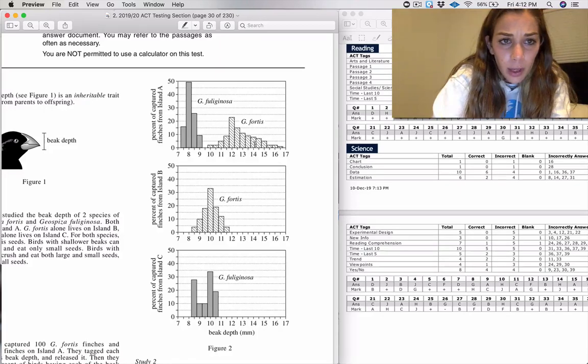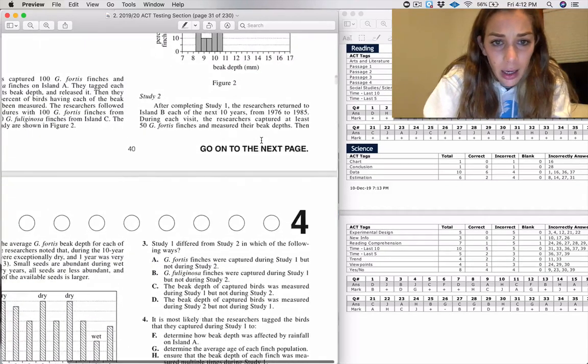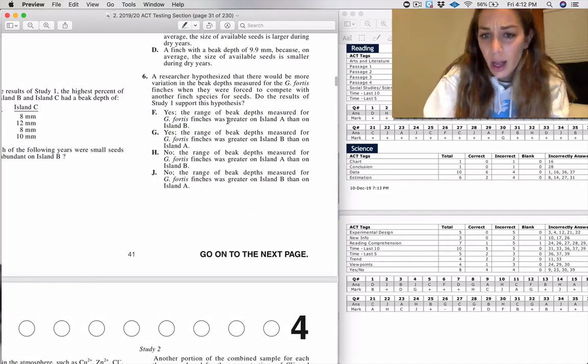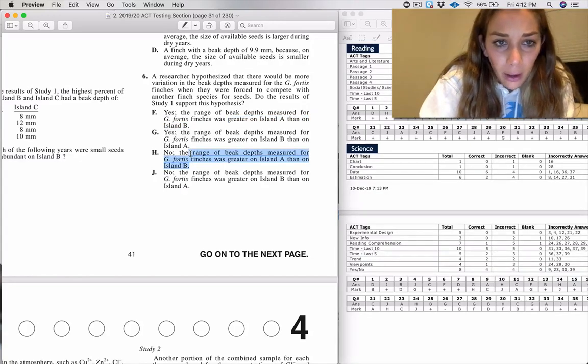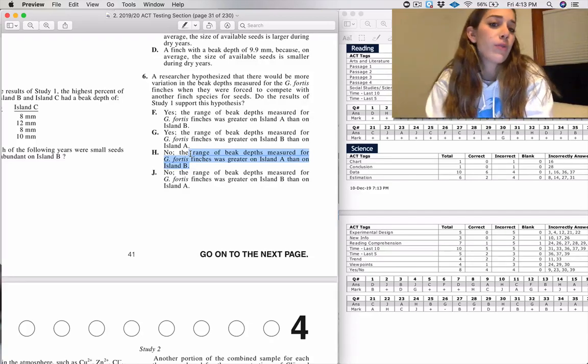Where do I see A and B? Here's beak depths. Here's island A and island B, and we're talking about G-fortis. So where is there a greater range? There's a greater range on island A. So I know automatically that F and H are possible options, and G and J are automatically wrong. So now it's a 50-50.